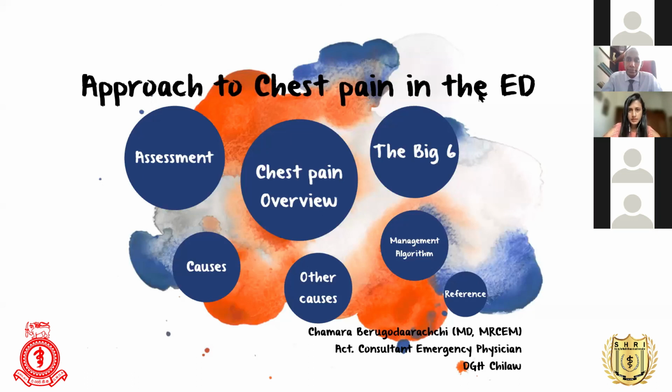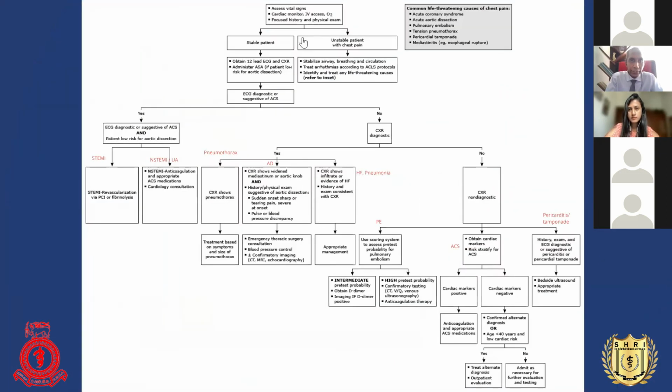In a GP setup, we give aspirin and transfer immediately to a hospital. Is there any instance where it should not be given? If I go through that final algorithm I mentioned, I think this gives a good idea.